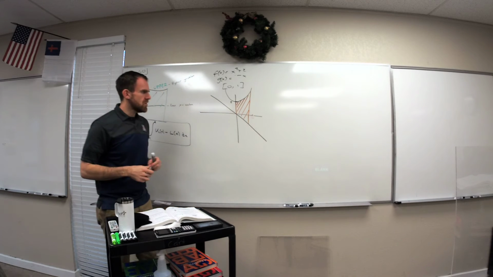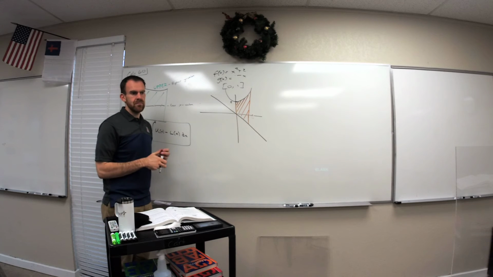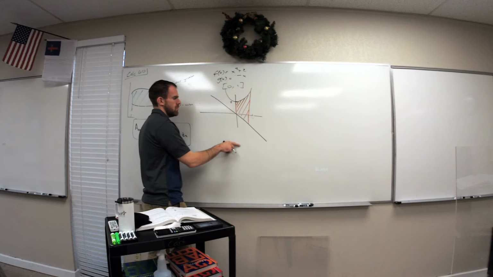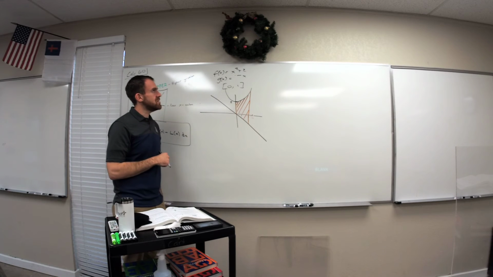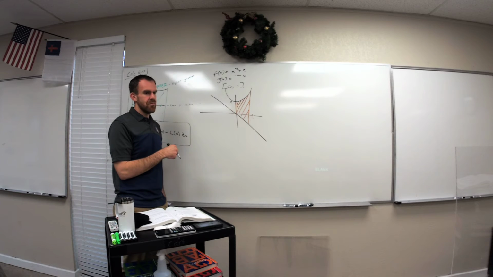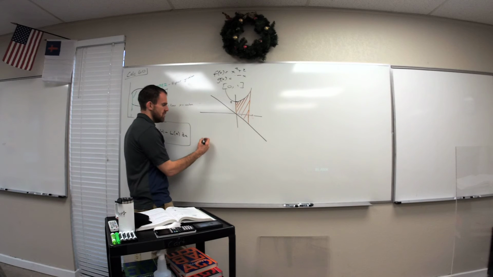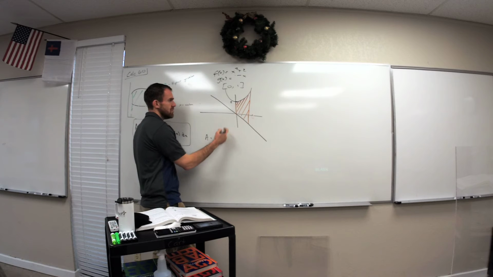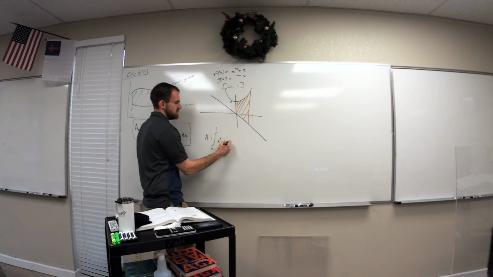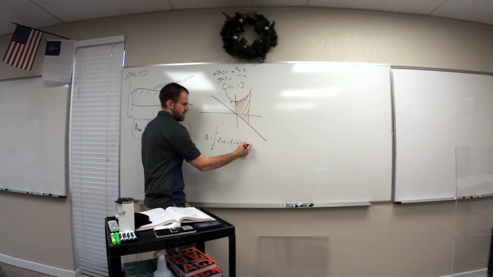Okay, what's your upper function? It's either f or g. Which one's on top? F, right? So area is the integral, we have our bounds, 0 to 1, of f of x minus g of x.